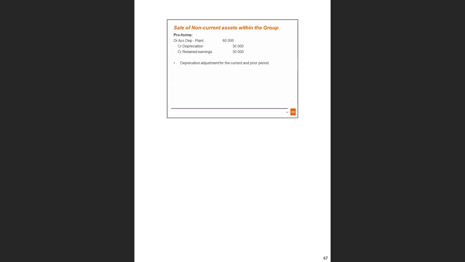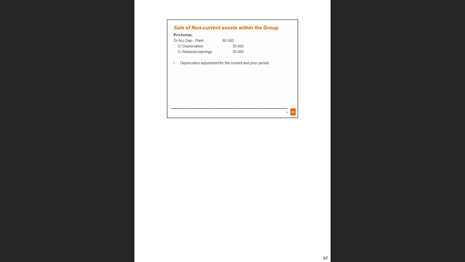Then if we have a look at this slide, here we are debiting accumulated depreciation plant and crediting depreciation. So previously there was just 1 year of depreciation we needed to adjust for. Now there are 2 years.